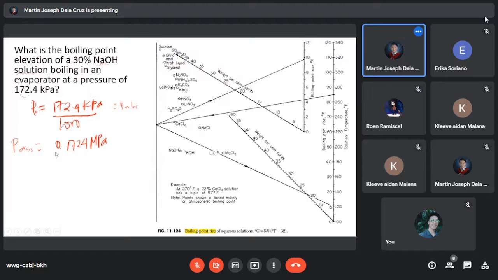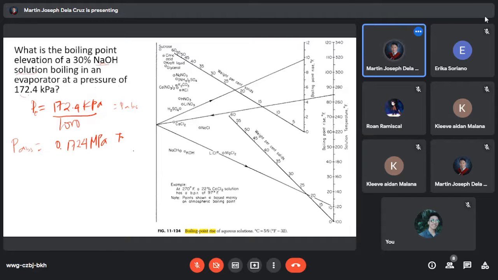So, your T now is... so I'll give it to you. Bahala kayo, mag-interpret, kumuha pag mag-review ulit kayo. So, check nyo na lang dito.